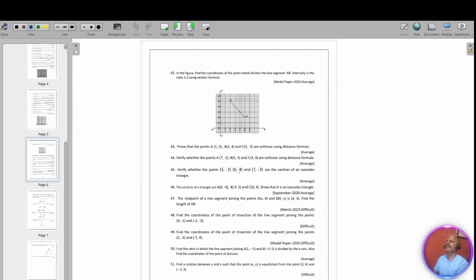42nd. In the figure, find the coordinates of the point which divides the line segment AB internally in the ratio 1:2. Same as before, I'll just give the points.